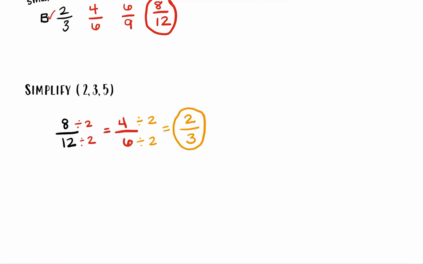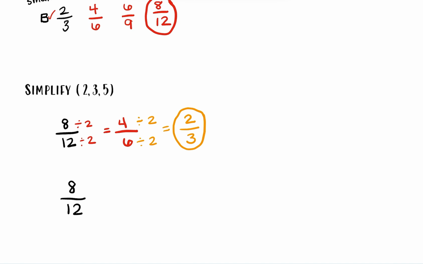So I could have actually simplified by a different number. So 8 over 12. Can I simplify by 3? So 3, 6, 9. I cannot get 8 with a 3. I can get a 12, 3, 6, 9, 12, but I can't for the 8. So we can't simplify by 3.